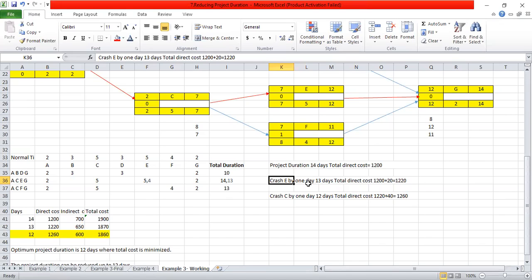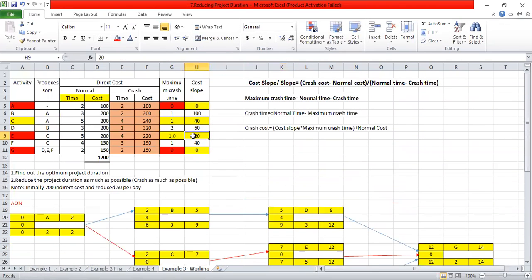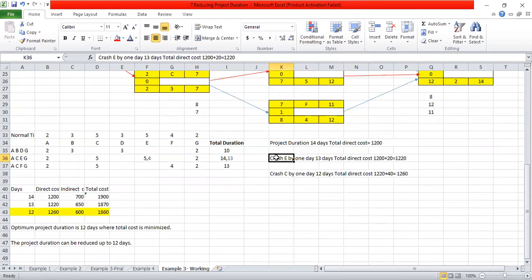And the total direct cost: previously we had 1,200. To that 1,200 you have to add the cost slope of E, which is 20. That means 1,200 plus 20 gives 1,220.